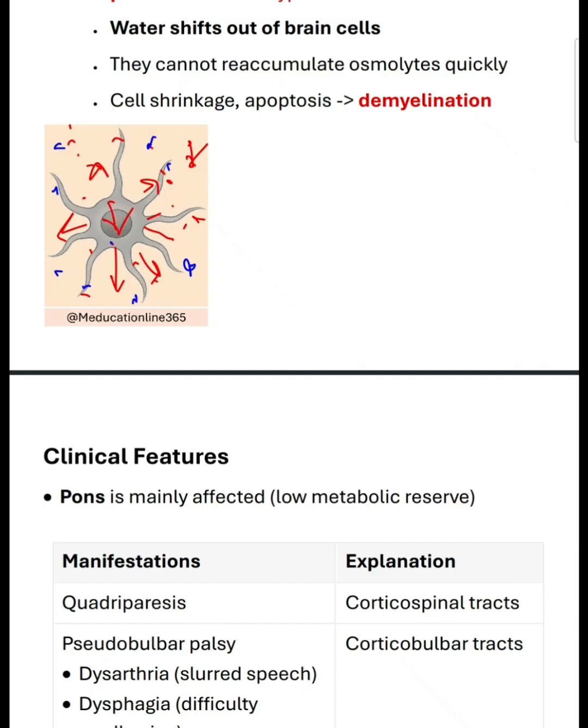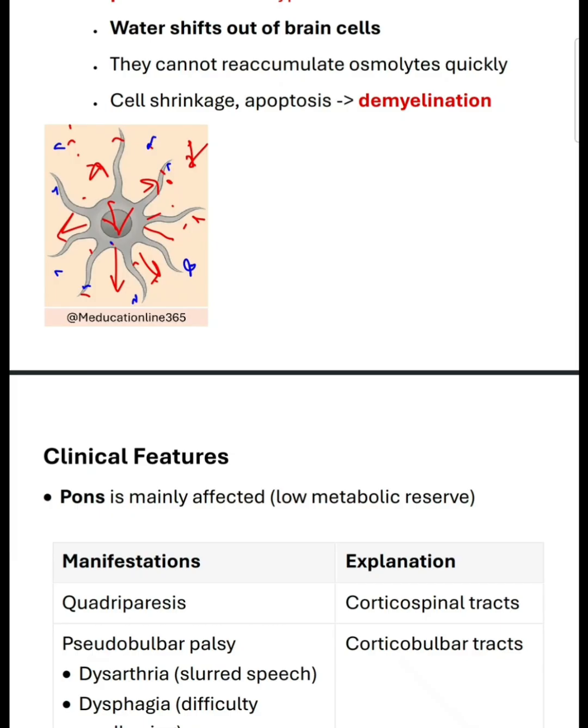Now the extracellular fluid and intracellular fluid osmolarity will come to an equilibrium and the cell will not swell. So that is how cell volume, or cell size, will be maintained, and you will prevent brain edema. So in the acute condition, there is hyponatremia outside, and that can result in brain edema because the cell will swell.